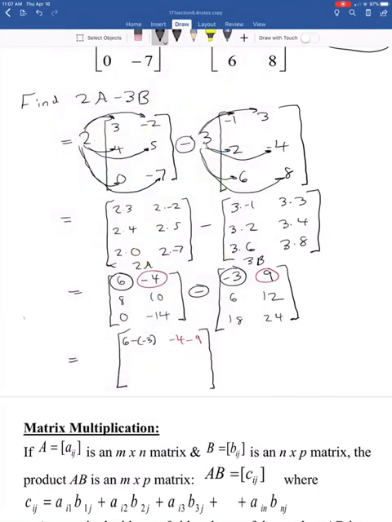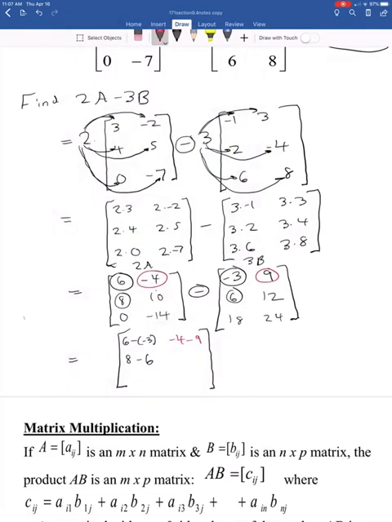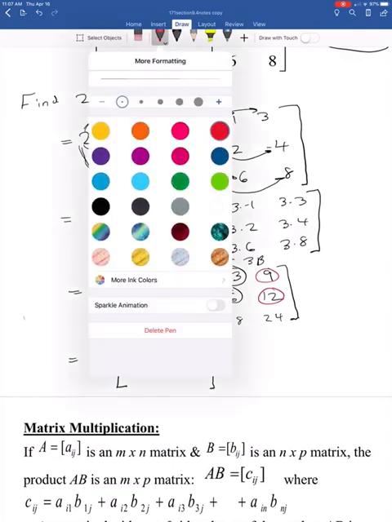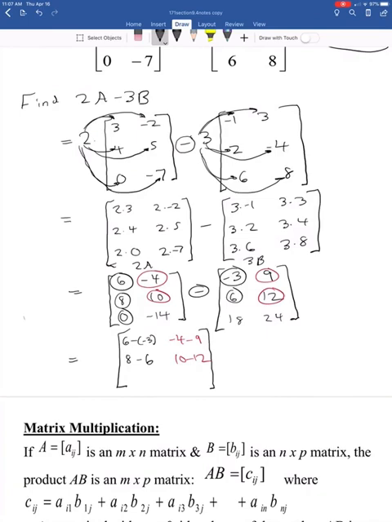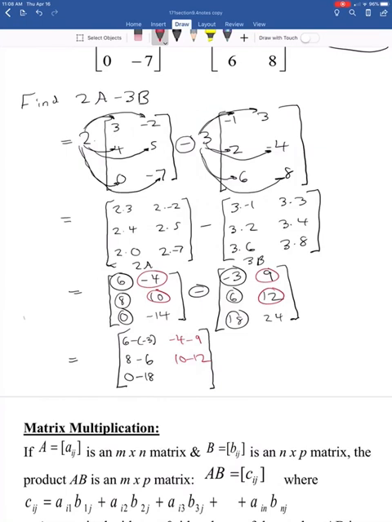Row 2, we've got 8 and 6, so go ahead and subtract 8 minus 6. And as we go to row 2, column 2, we've got a 10 and a 12. So 10 minus 12. And as we go to row 3, we've got the 0 and the 18. So 0 minus 18. And then row 3, column 2, -14 minus 24.